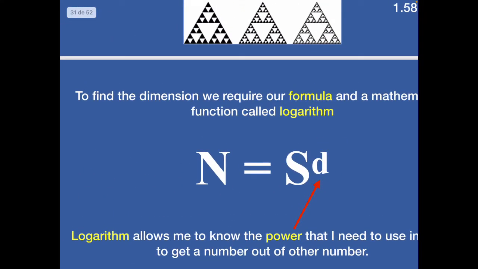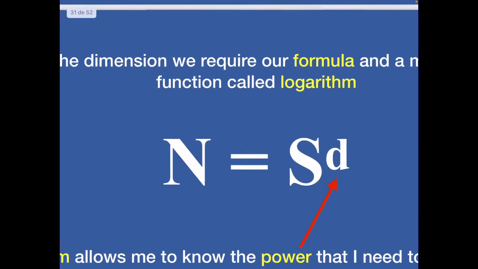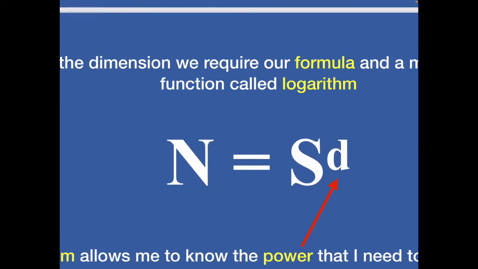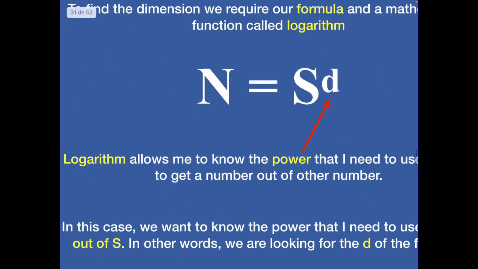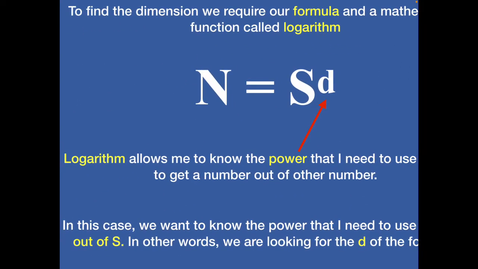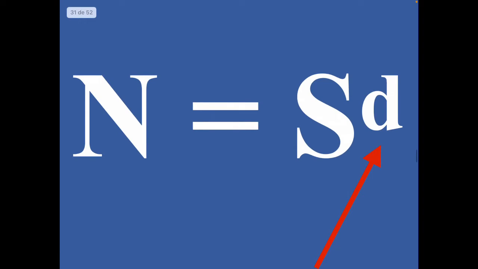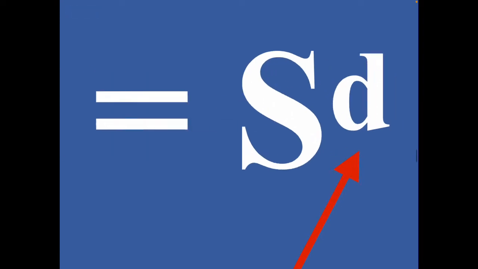So in this case, as the question is the dimension, we're going to need a mathematical function called logarithm. And what is logarithm? Well, logarithm allows me to know to which power I need to raise one number in order to get another number. So in this case, to which number do I need to raise s in order to get n? That is basically d, right?